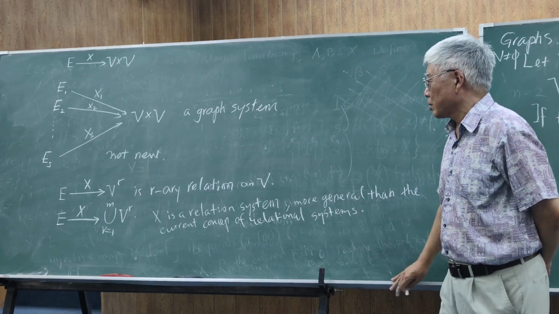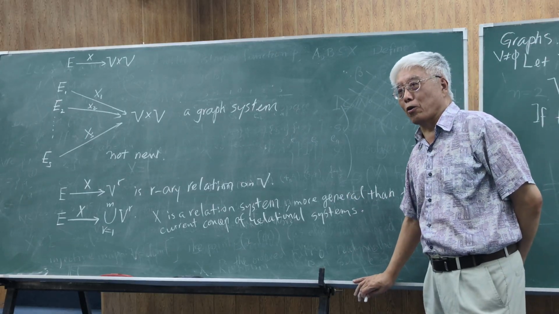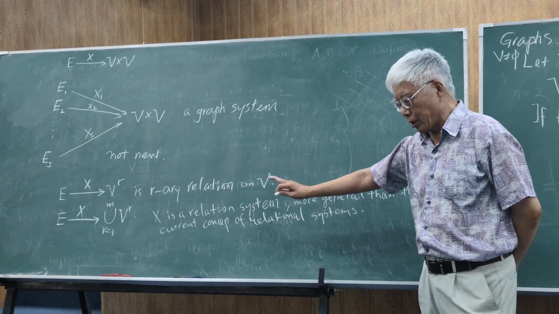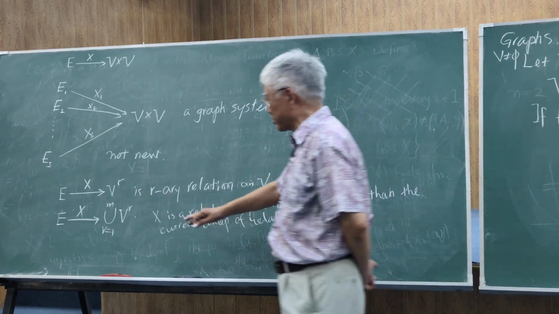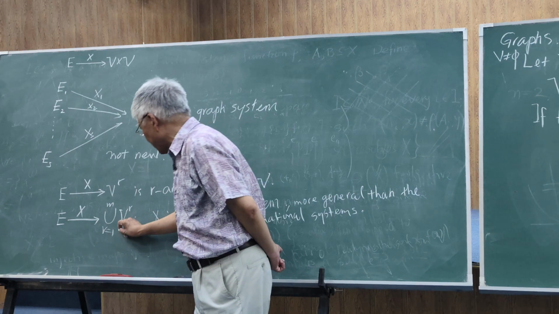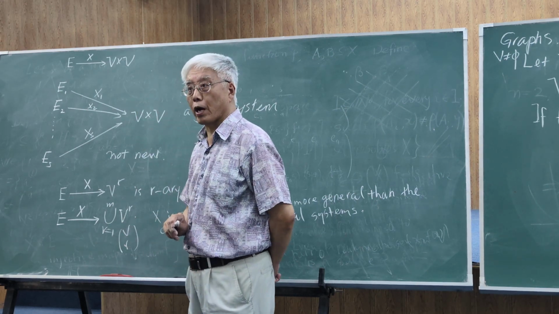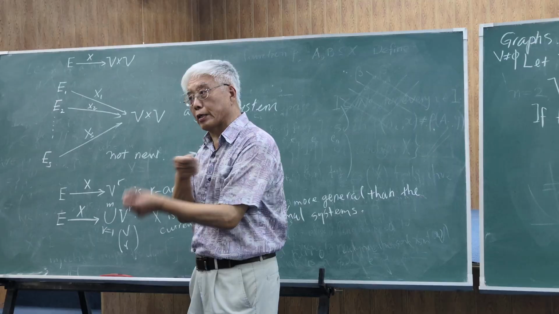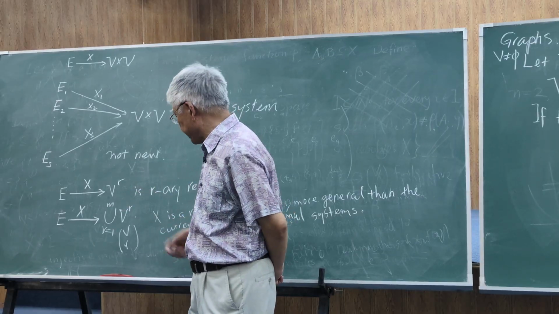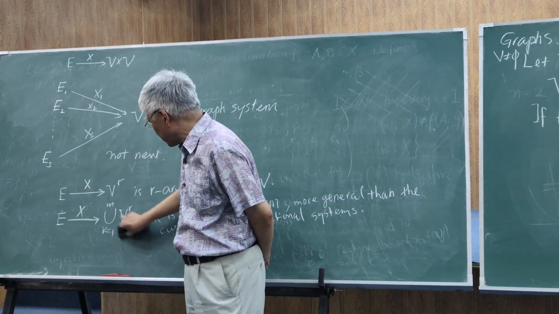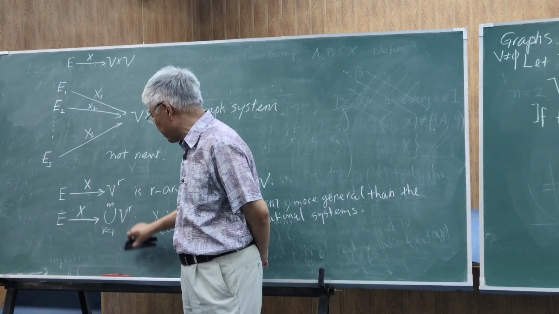They wrote books which contain the concept of a relational system, but this is more general, because in their relational system, this side is actually V choose r union, which is not all, it's a subset, taking subsets. But here it is an ordered r-tuple for r going from 1 to n.